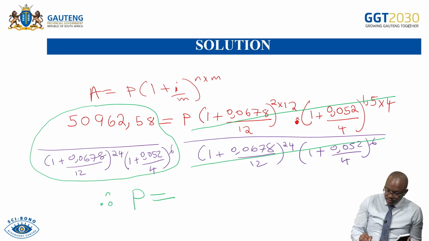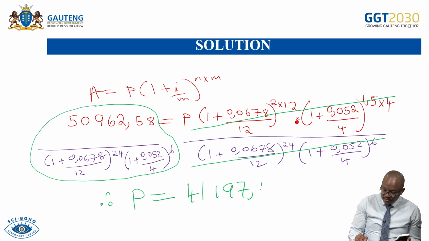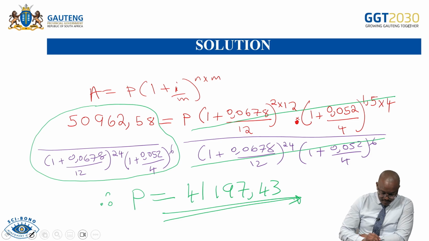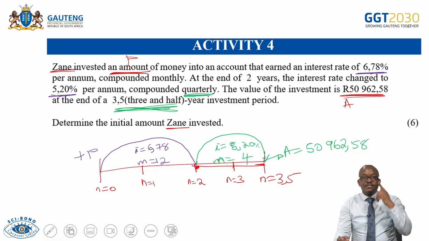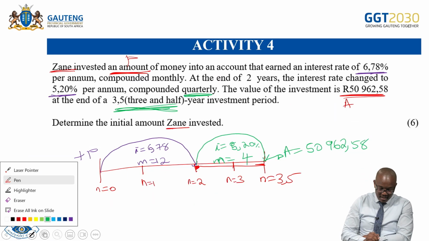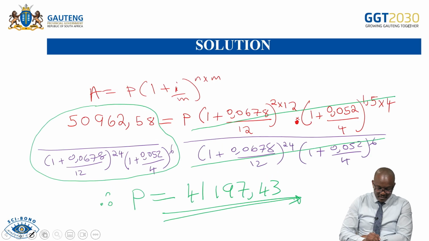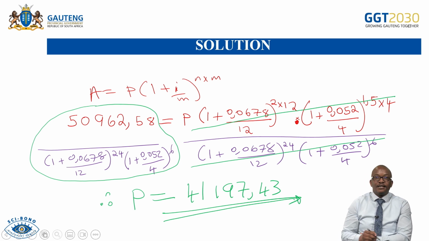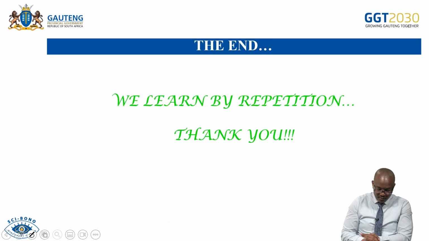So that will amount to 41,197 rand and 43 cents. So that is the amount that Zane deposited into the account, correct? For 3.5 years. So that's how you deal with that.